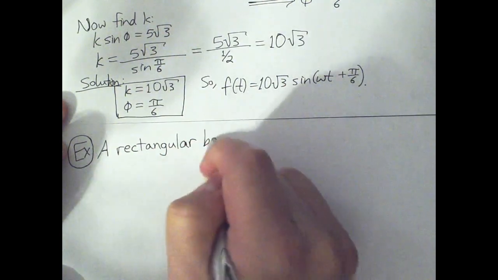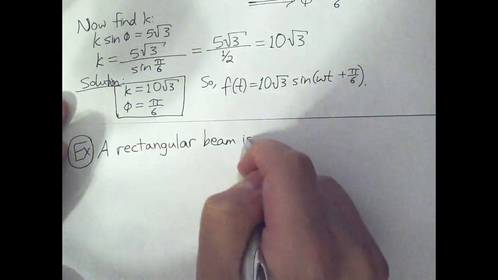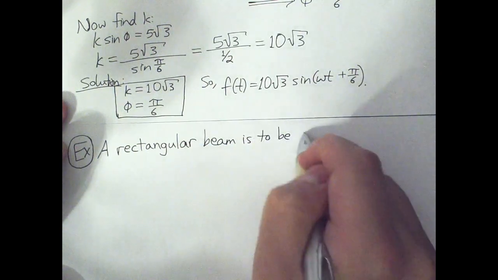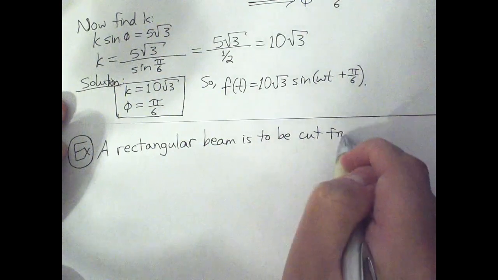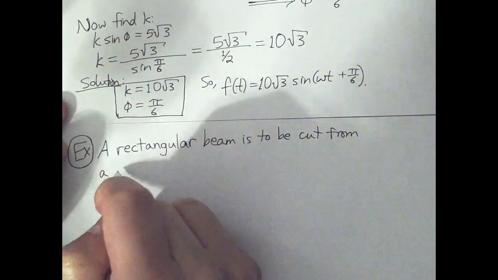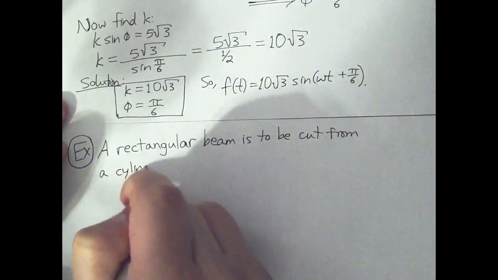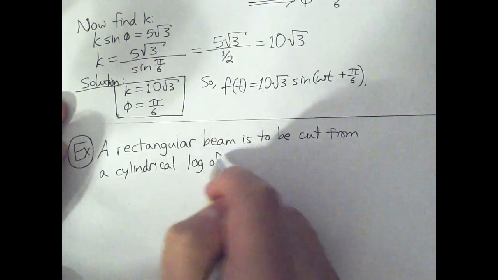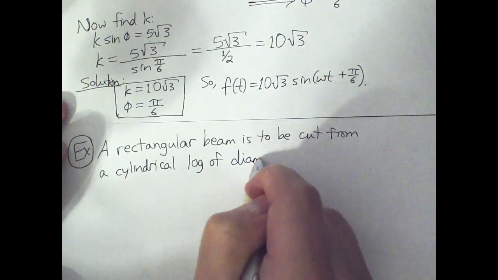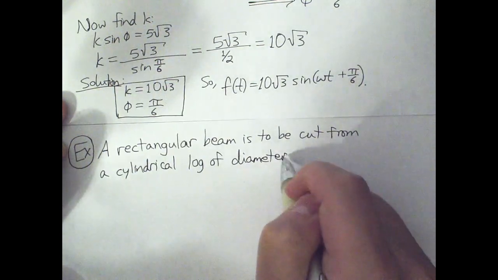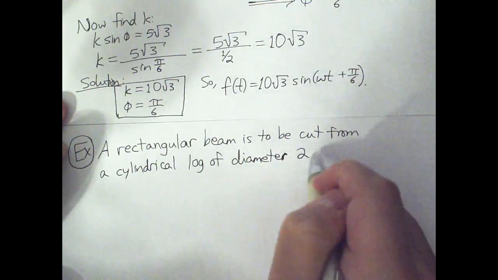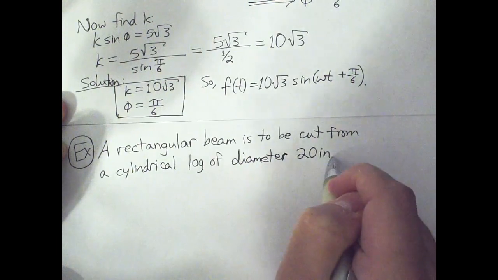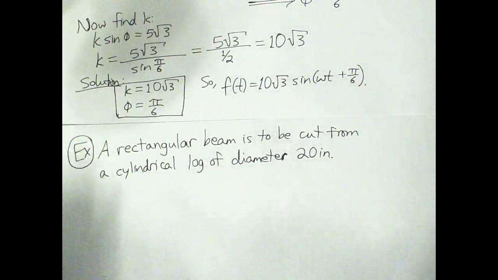A rectangular beam is to be cut from a cylindrical log of diameter 20 inches.